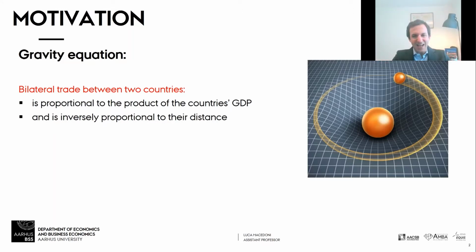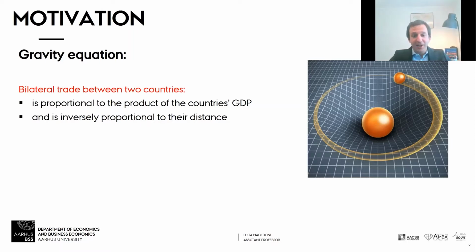So that is the economic size of the two countries. Two countries trade more when they're bigger, and it is inversely proportional to their distance. So the farther away two countries are, the lower the bilateral trade flows.